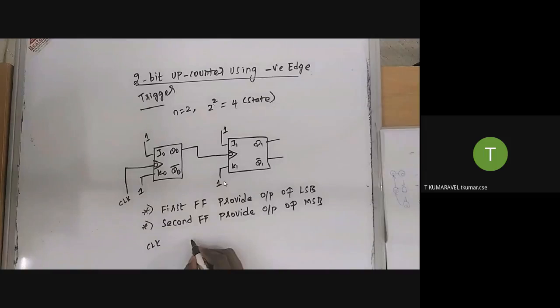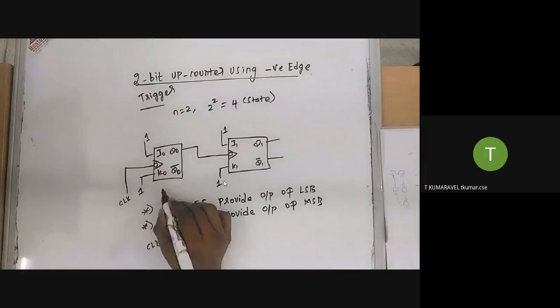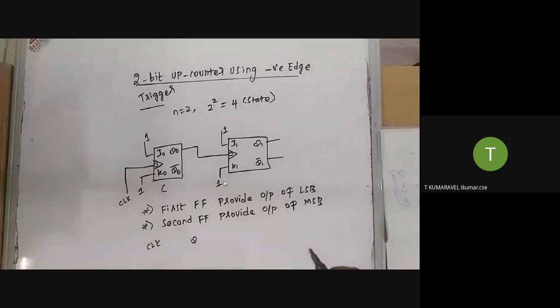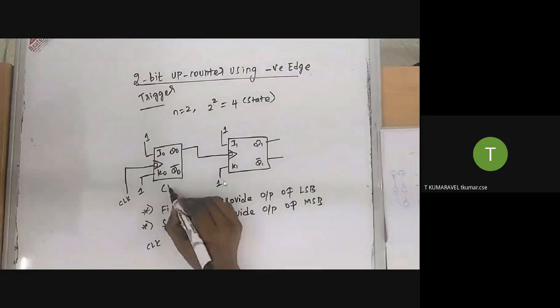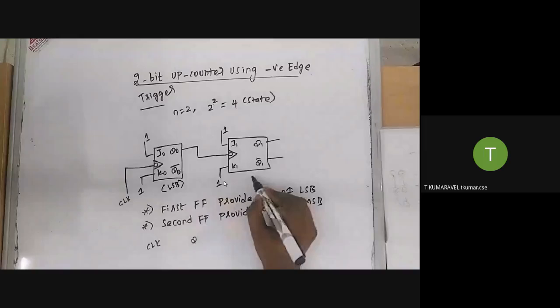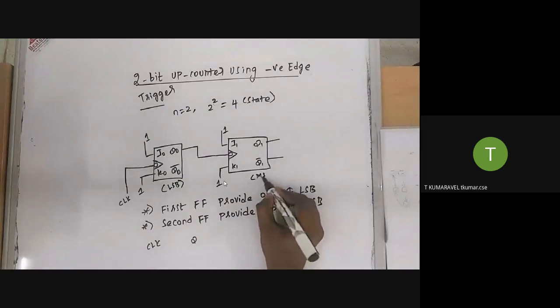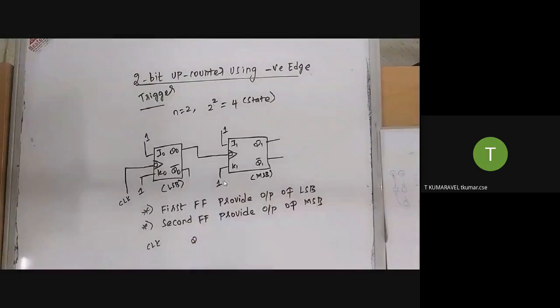As I said, the first flip-flop produces LSB, and the second flip-flop produces MSB. I'm going to write the output from LSB to MSB: Q1 and Q0.